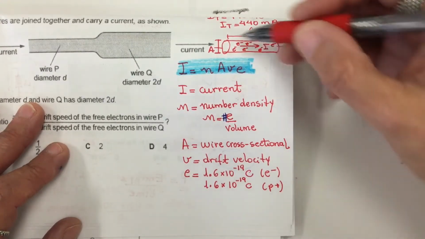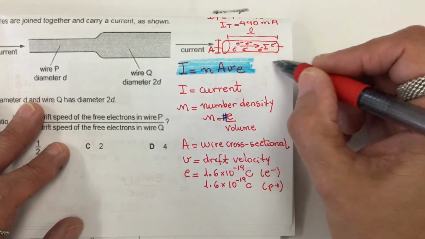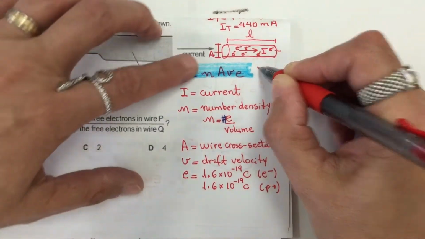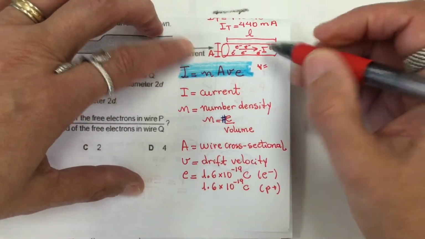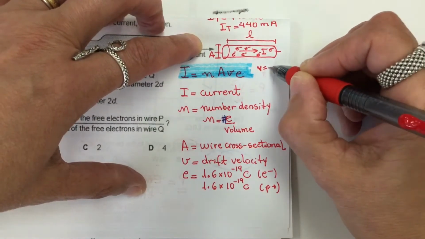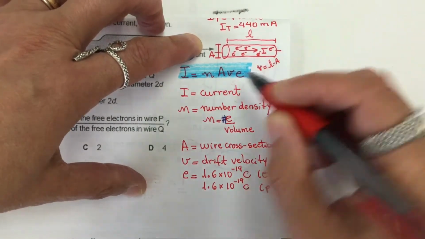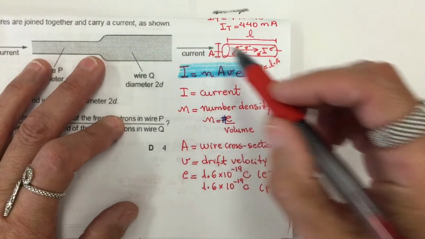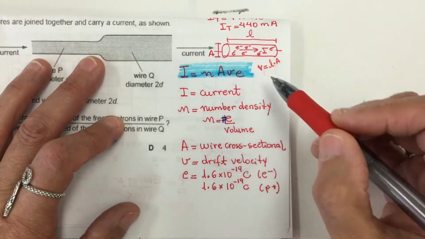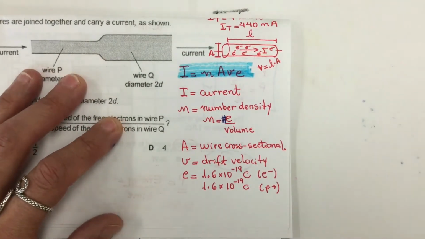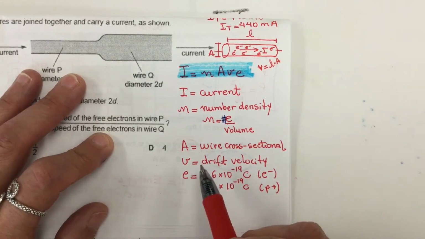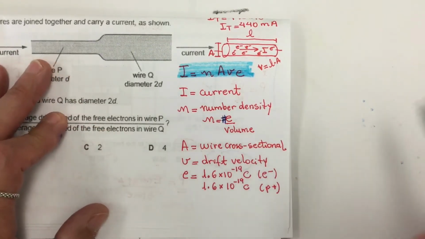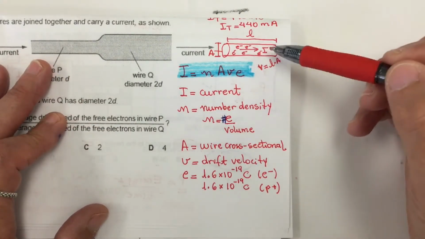You need to find the volume of a cylinder. Volume of a cylinder, just a side note here, is the length times area. So that's very simple: we have the length, you have the area, so you can calculate the volume of a cylinder. V is the drift velocity, the speed of the electron in the wire.